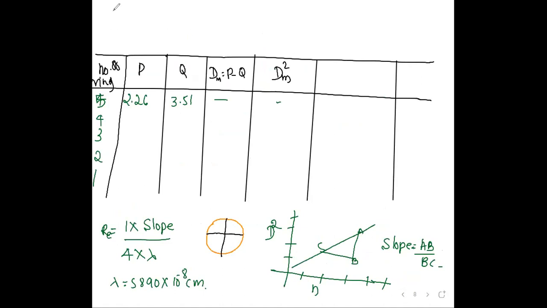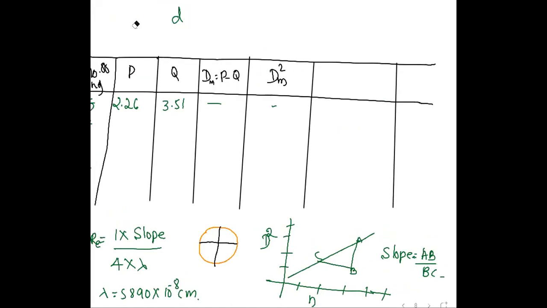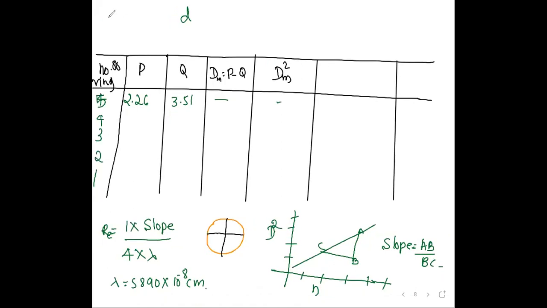The submission procedure is something like this. Write down the title, that is very important. Title of the experiment, date, name, your PRN number, that you have to write down.